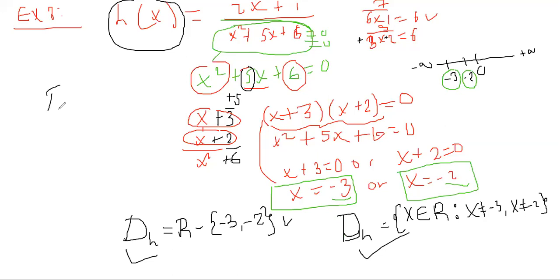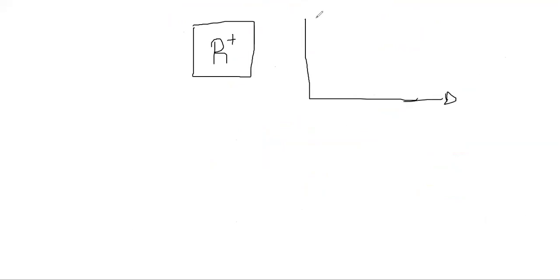But other than that, the domain normally will be what? Real numbers. However, in some economic applications, the domain would be what? Only positive real numbers. For example, let's look at this. This is an economic application. Normally, we have price and quantity. So the domain here can only be what? Positive.